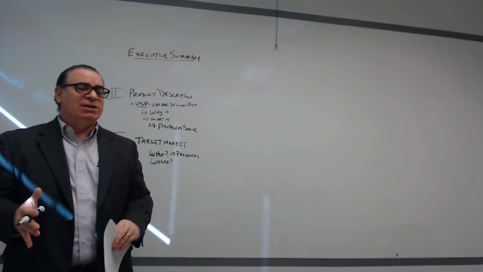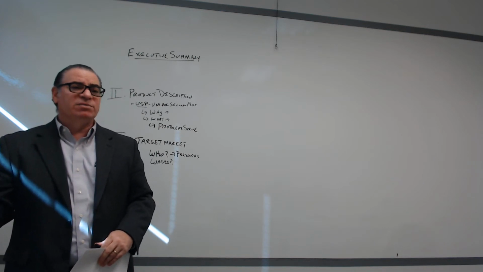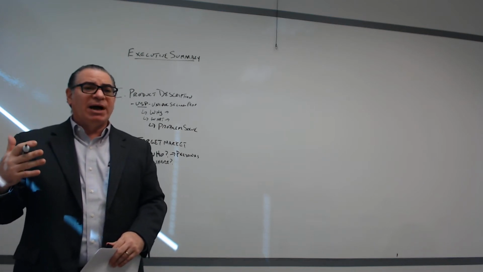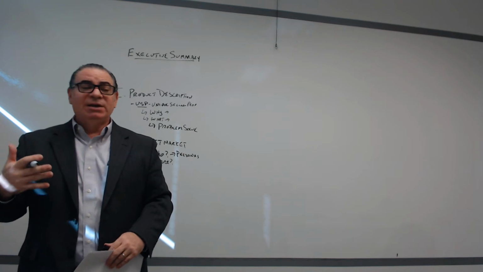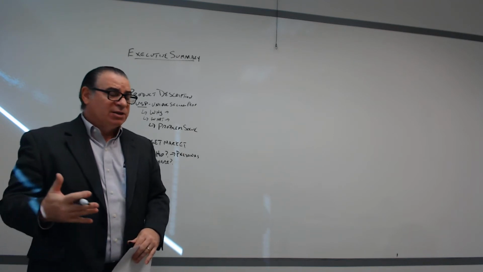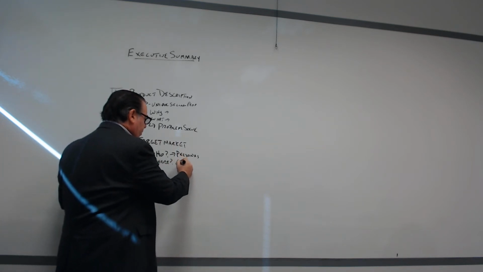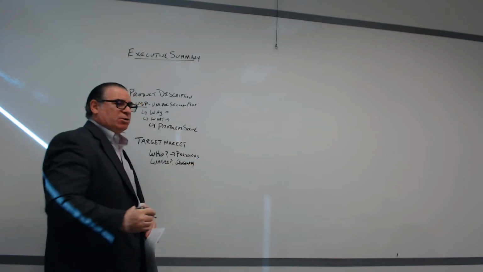What is that radius? Is it 25 miles from center point? Is it 100 miles from center point? You have to think about how far will someone drive to get to my business if you open up a store. So who are they and where are they? That's basically the geography here. Okay? So that's how you sort of line that out.